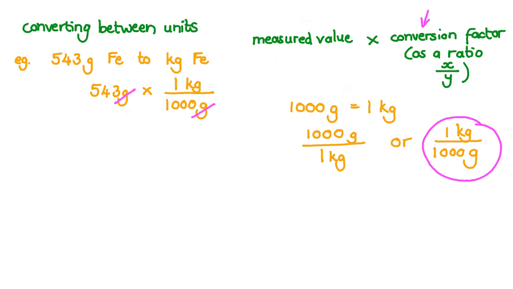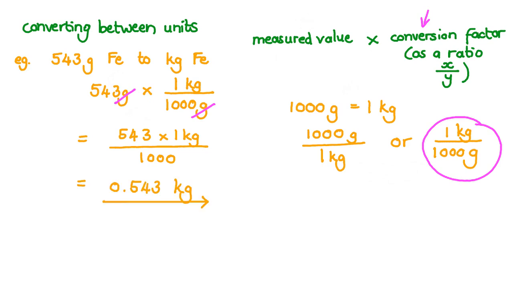The grams can now cancel out because one is in a numerator and one is in a denominator. And we get 543 times 1 kilogram divided by 1,000, which gives 0.543 kilograms. Now 543 grams and 0.543 kilograms mean exactly the same thing, just expressed with different units. It's still the same mass of iron.